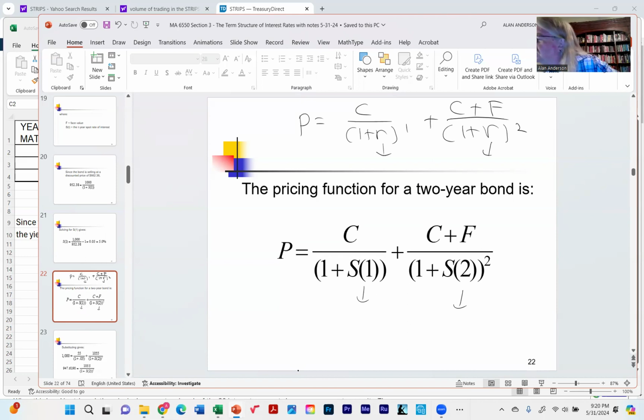Whereas here, this R is a weighted average of the spot rates. Okay, it's a single number that reflects all of the spot rates, and it's used across the board for all of the cash flows, whereas here, each one is unique.